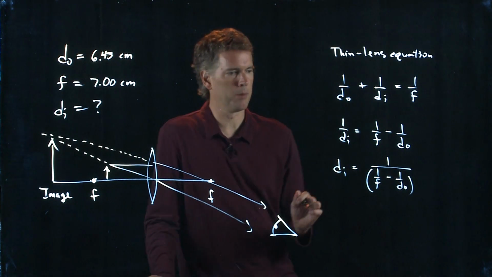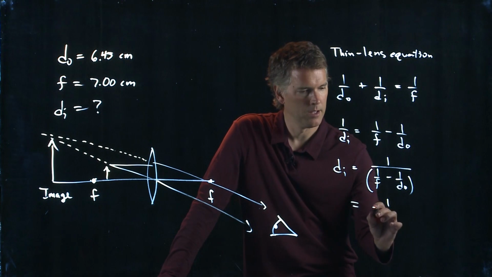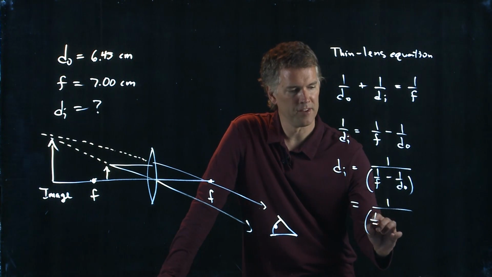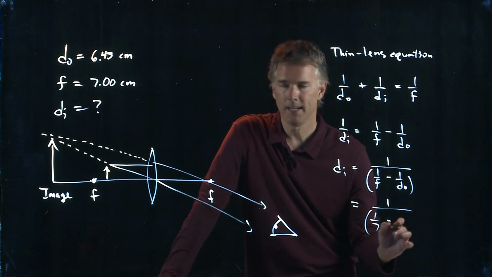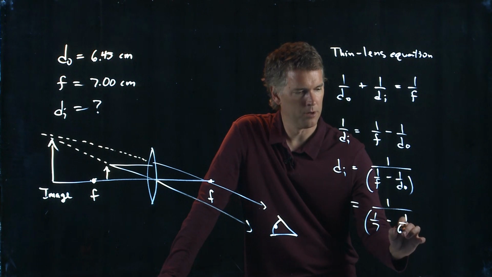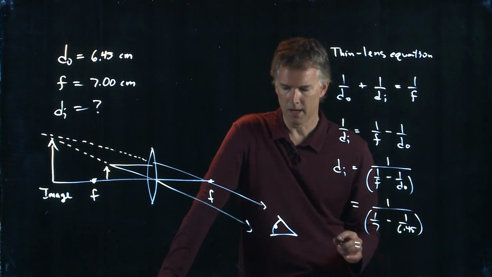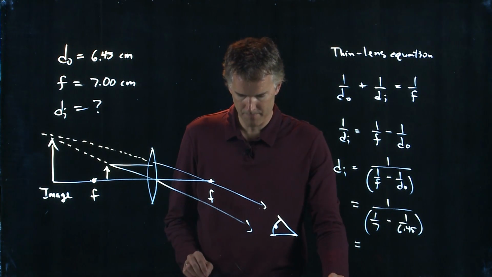And now we can put in some numbers. So let's try that. If you have a calculator, pull out your calculator and tell me what you get. We've got 1 over 7. We'll just keep everything in centimeters, that's fine. Minus 1 over 6.45. And if you try that in your calculator, tell me what you get. I'll see if I can verify it here.